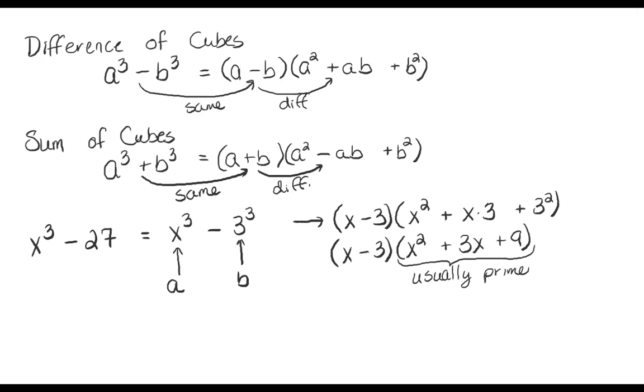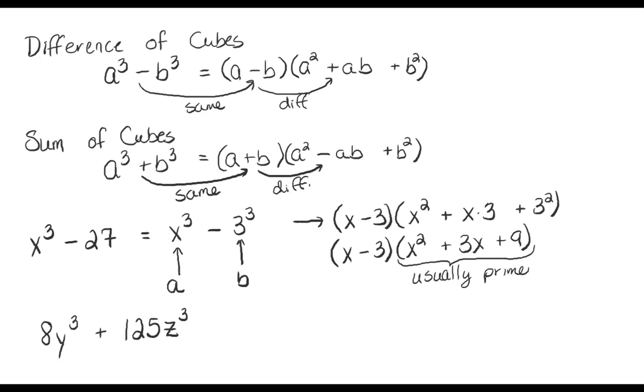Let's try a sum of cubes, and this time I'm going to make my numbers a little bit bigger. I'm going to go 8y cubed plus, let's go, 125z cubed.